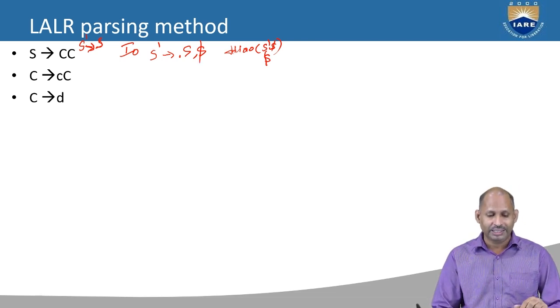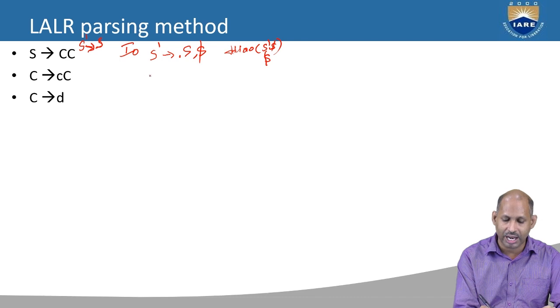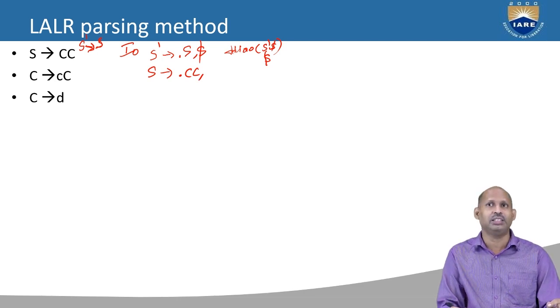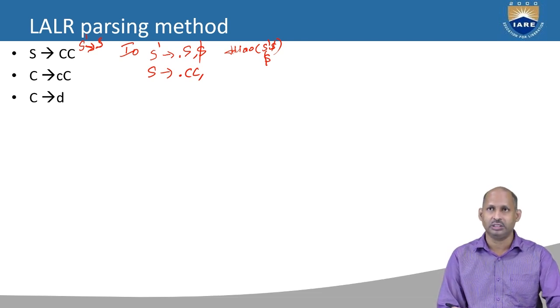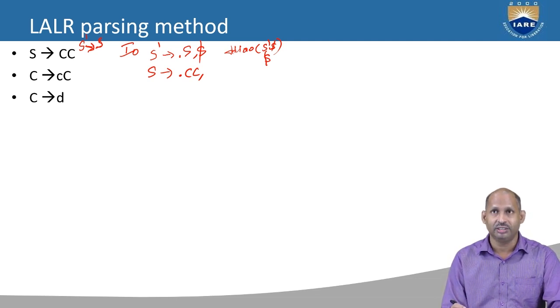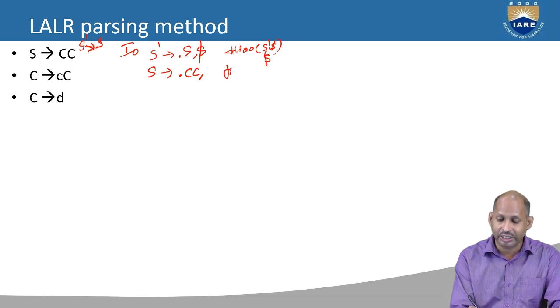Then dot S, since it is dot S, we add the S production, dot CC. Now the question: which terminal symbols must we add? To add this terminal symbol, we have to consider first of beta a.